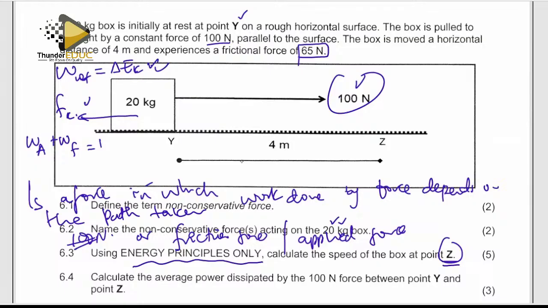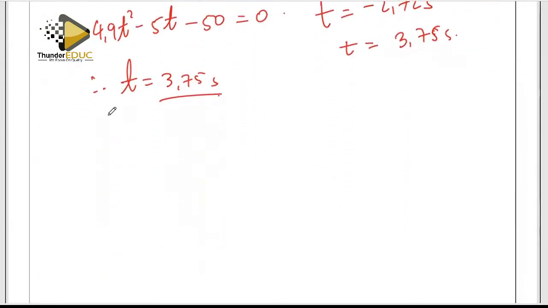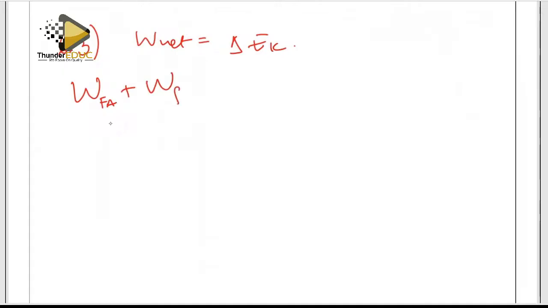So for 6.3, we're saying W net is equal to the change in EK. The work done by the applied force plus the work done by the frictional force should give us the change in EK.